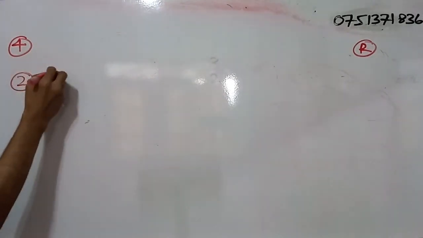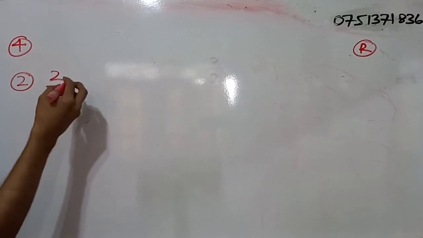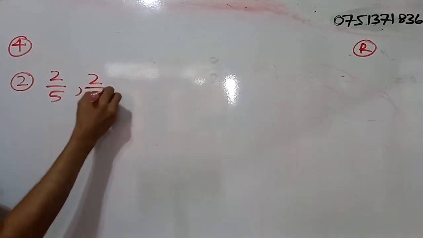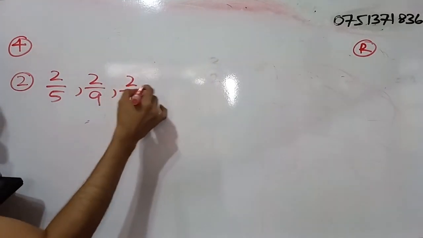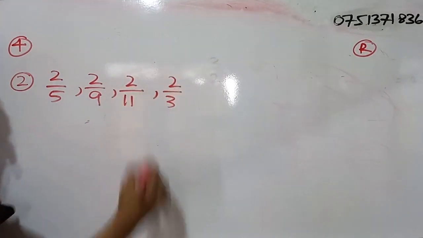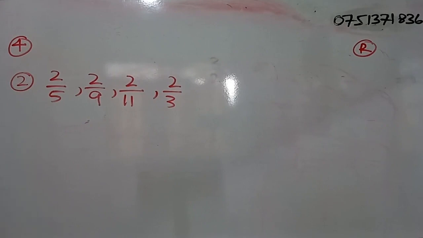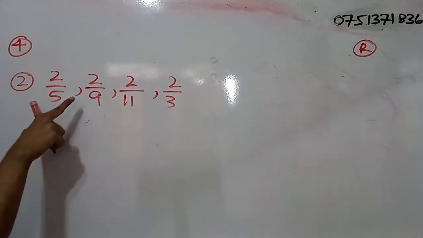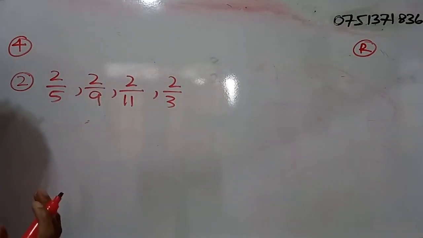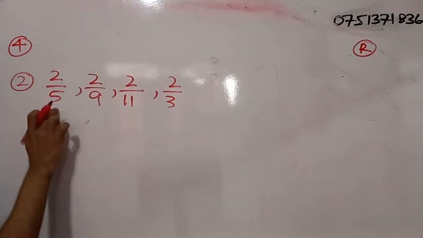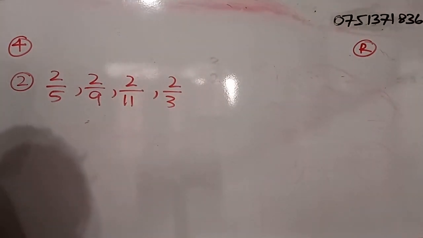Right, part 2. There we have 2 by 5, 2 by 9, 2 by 11 and 2 by 3. Okay. Here the same thing, right? The numerators are same, no? So we can easily come up with the answer by observing the denominator.